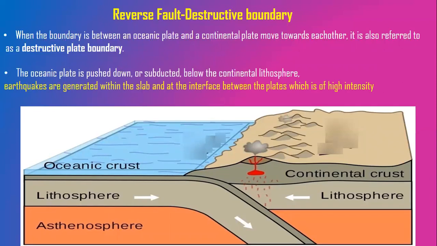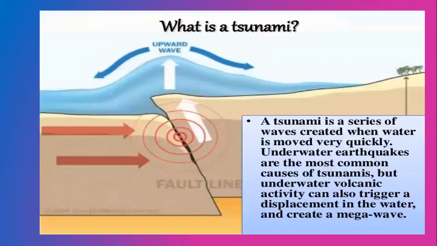The oceanic plate is pushed down, or subducted, below the continental lithosphere, and earthquakes are generated within the slab and at the interface between the plates, and they will be of very high intensity, leading to volcanic eruptions, and in some cases it may lead to a tsunami also.